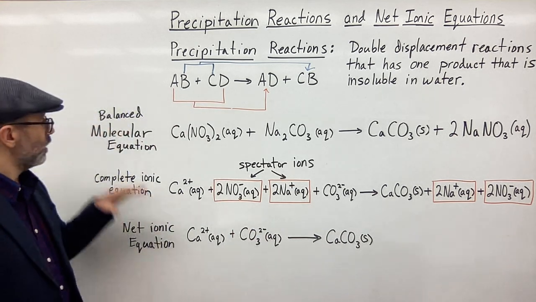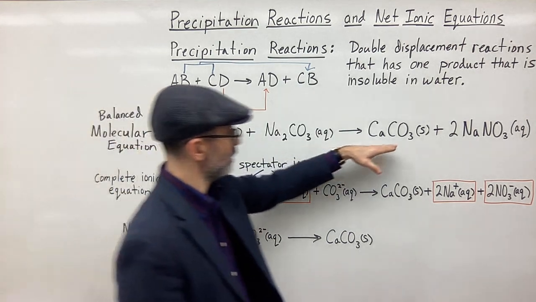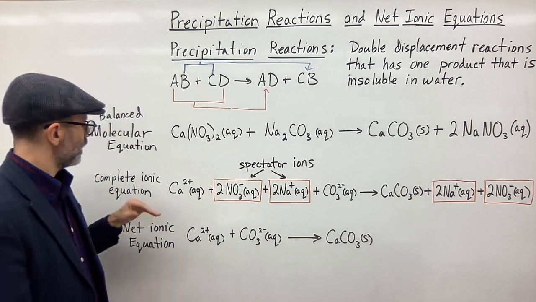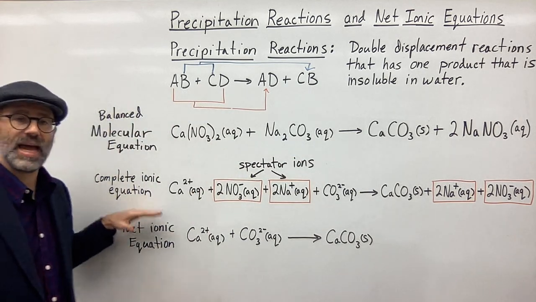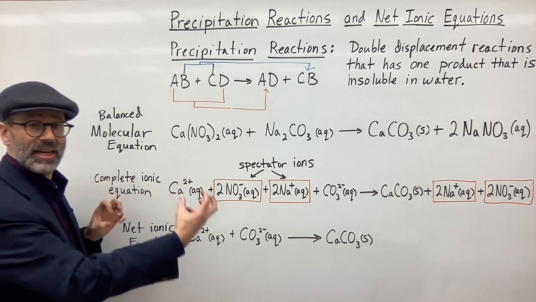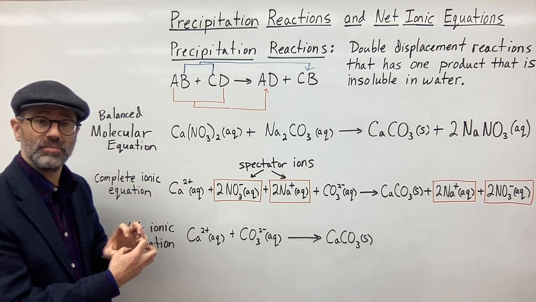And so again, the balanced molecular equation is everything written together in formulas: aqueous, solid, aqueous, aqueous. The complete ionic equation is where all the ions that are aqueous are separated into their separate ions. Liquids and solids stay together.